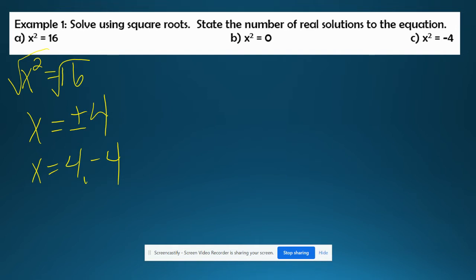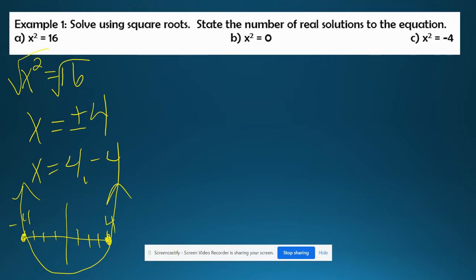And remember, this solution means that our x-intercepts are here at 4 and negative 4 of our parabola.